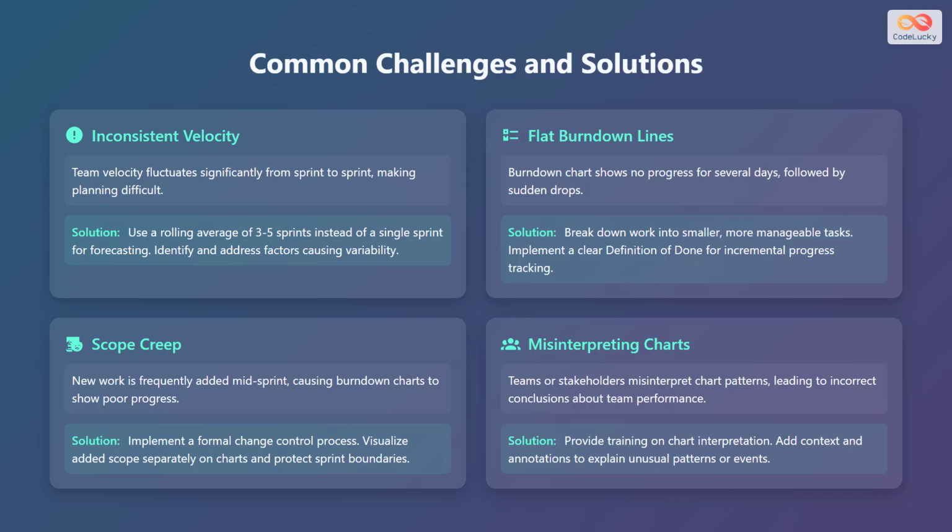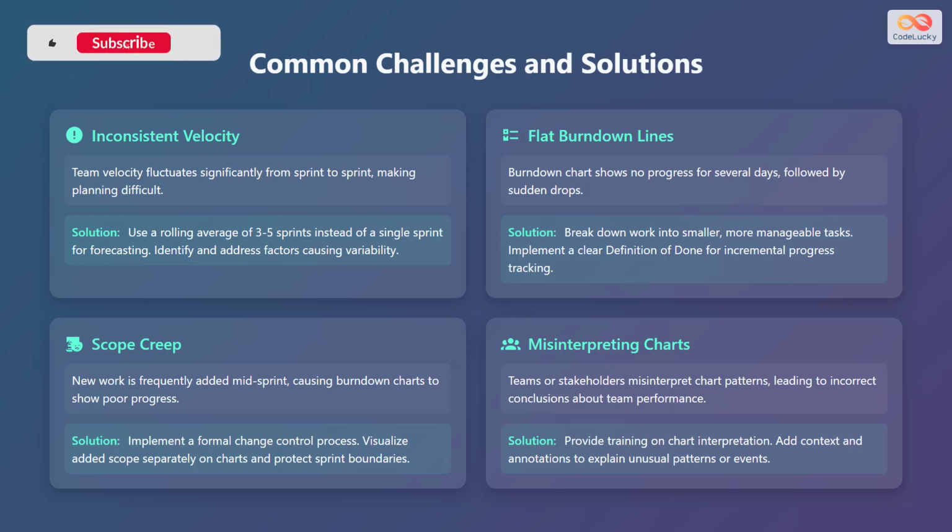Identify and address factors causing variability. Another challenge is flat burndown lines, when the burndown chart shows no progress for several days, followed by sudden drops. To solve this, break down work into smaller, more manageable tasks. Implement a clear definition of done for incremental progress tracking.